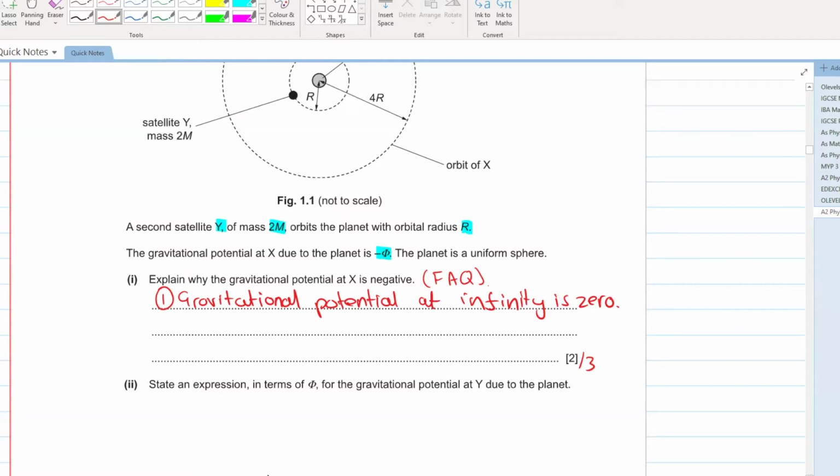What will your second mark be? Gravitational forces are attractive.